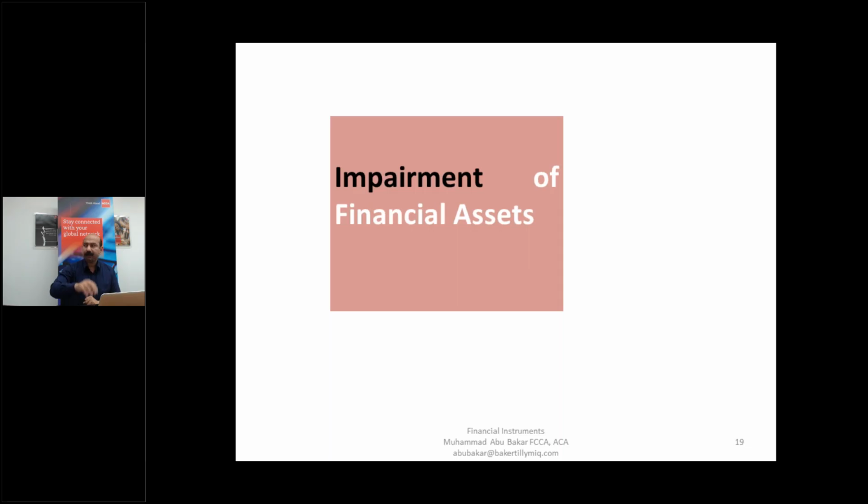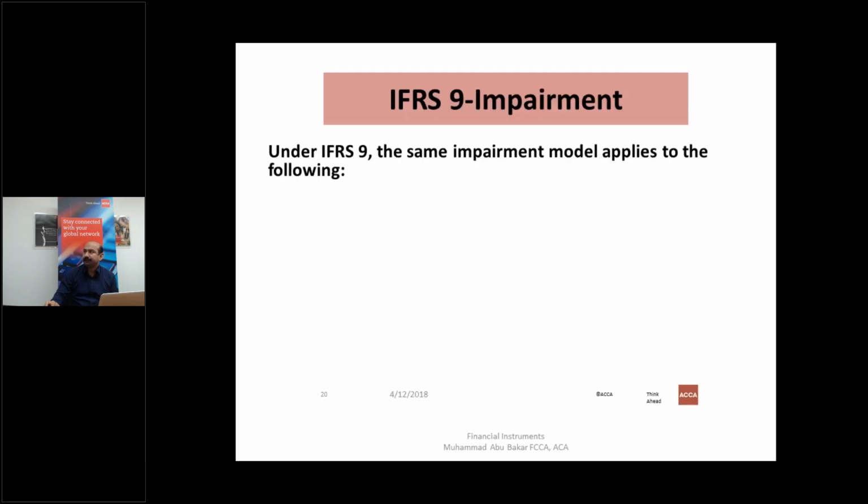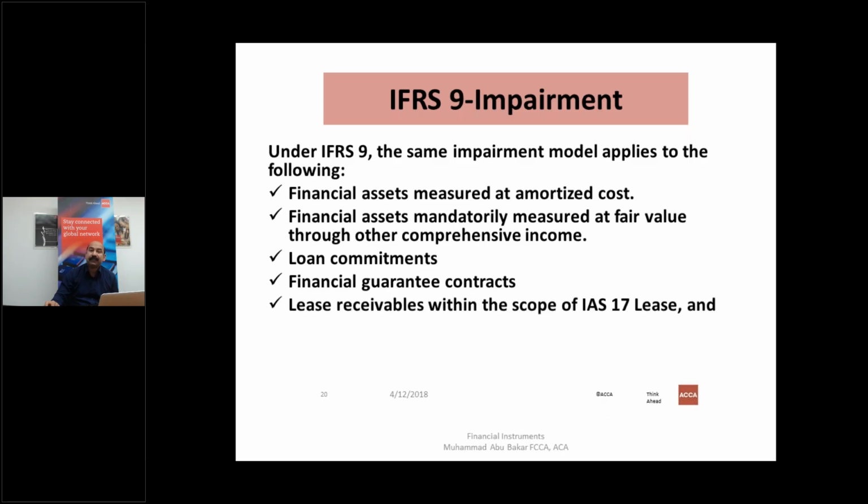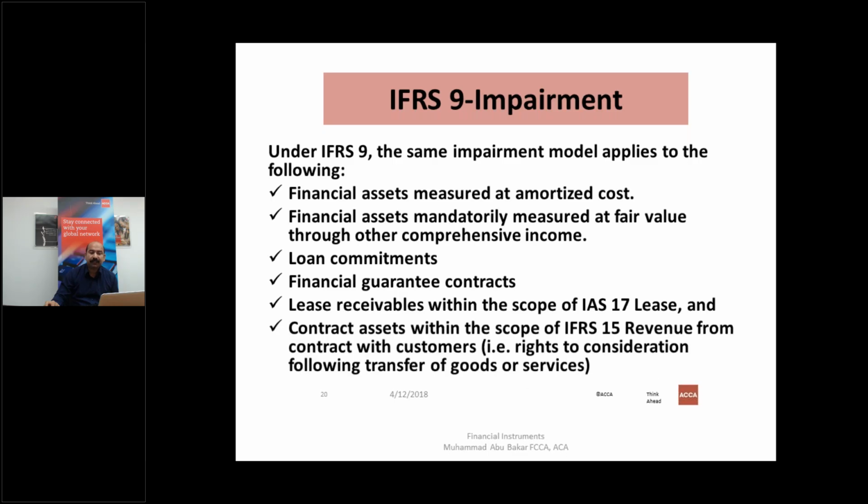Impairment of financial assets. Under IFRS 9, the same impairment model applies to the following: financial assets measured at amortized cost, financial assets mandatorily measured at fair value through other comprehensive income, loan commitments, financial guarantee contracts, lease receivables within the scope of IFRS 16, and contract assets within the scope of IFRS 15, revenue from contracts with customers, that is, rights to consideration following transfer of goods or services.